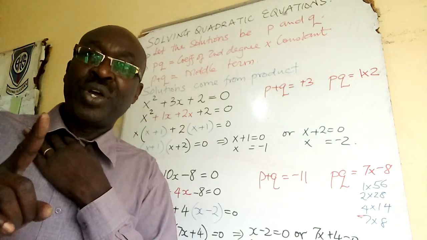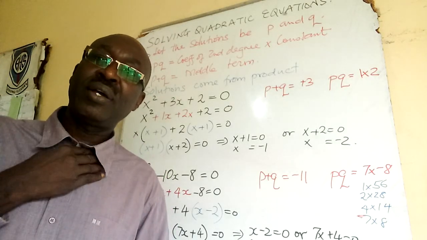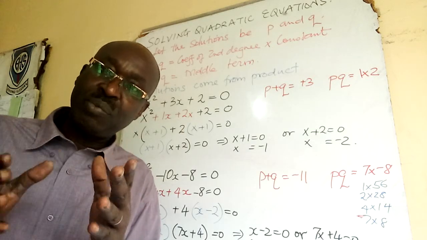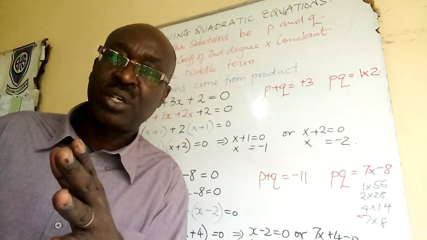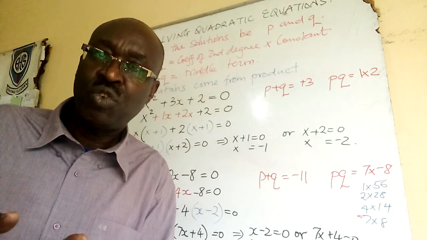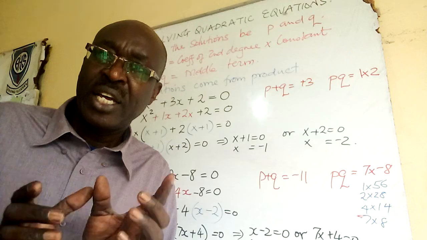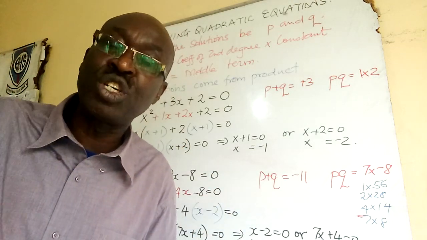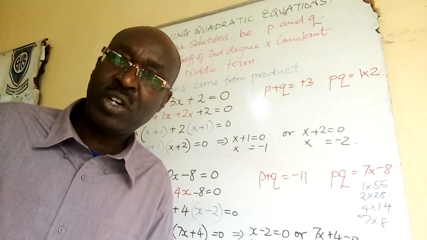Folks, we are going to do a quadratic equation, but this time how to get the solutions. Now, when you are asked to solve, normally that expression is equated to 0. Okay?